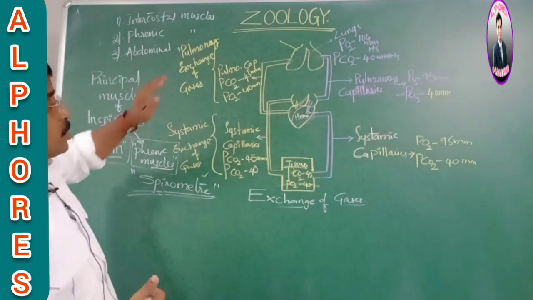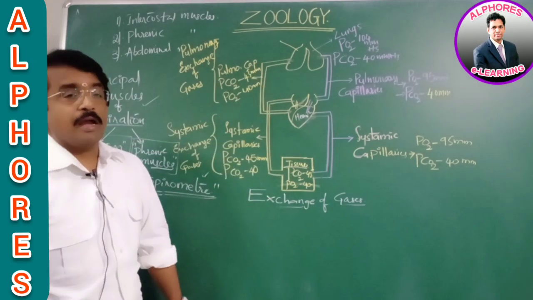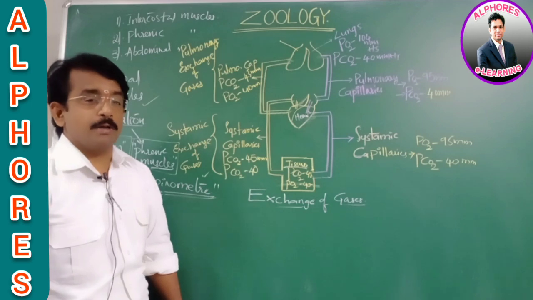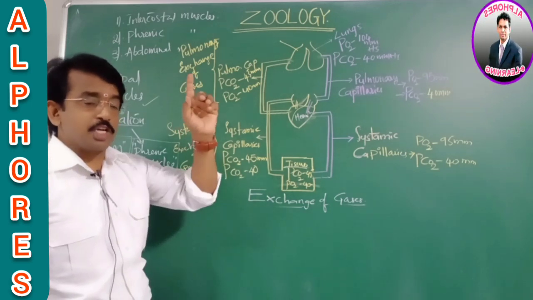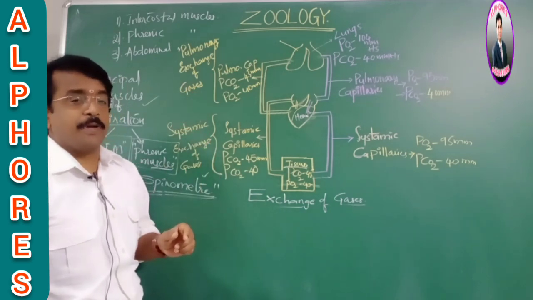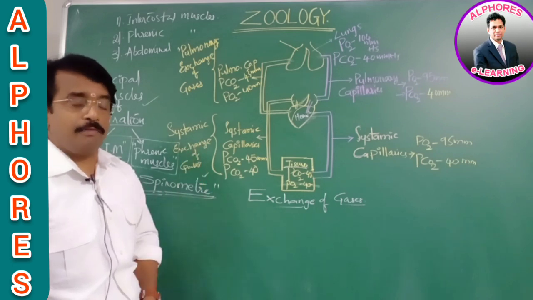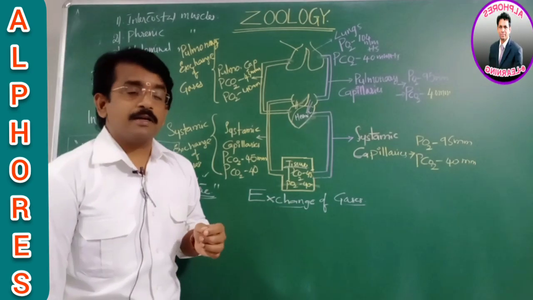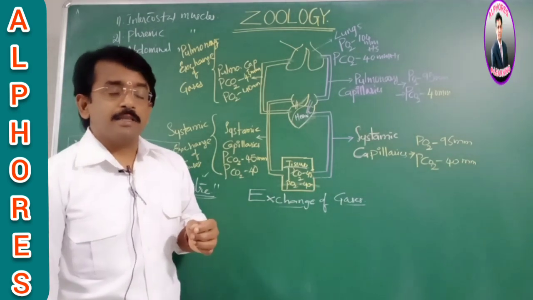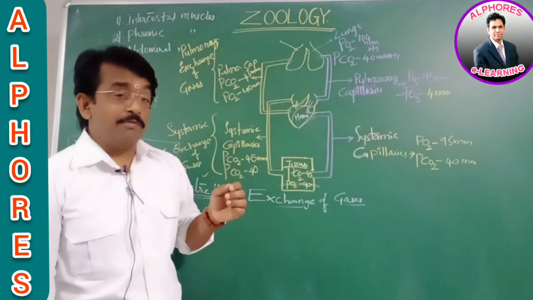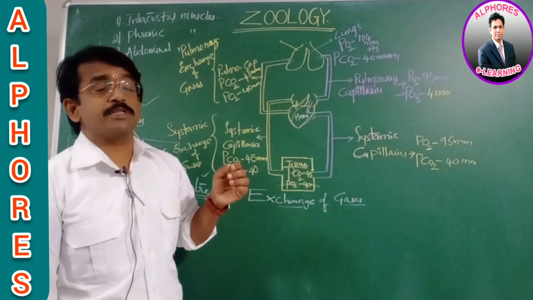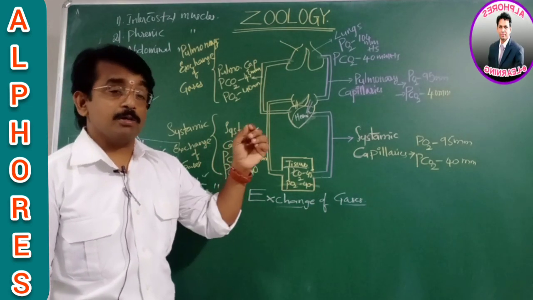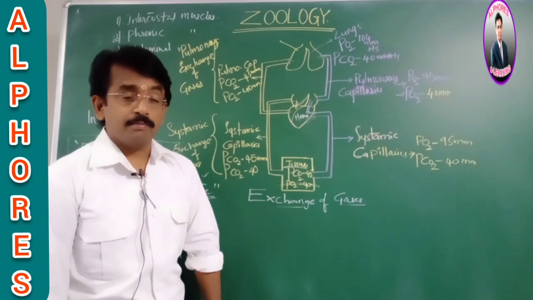Now let's discuss the exchange of gases. Generally, the exchange part of respiration is none other than the alveoli of lungs. We have discussed that it is the exchange part. Alveoli are lined by simple squamous epithelium and also blood capillaries.